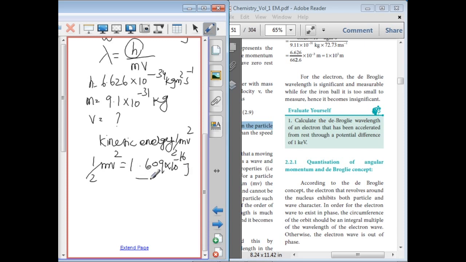This is already calculated, the energy in joule. So half, and then what is the m value? 9.1 into 10 power minus 31 multiplied by v square equals 1.609 into 10 power minus 16 joule.